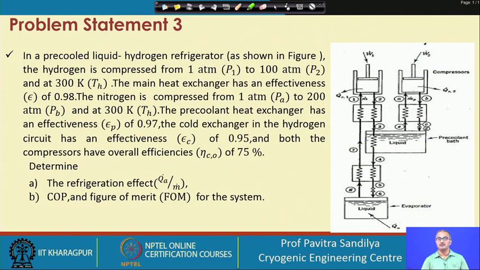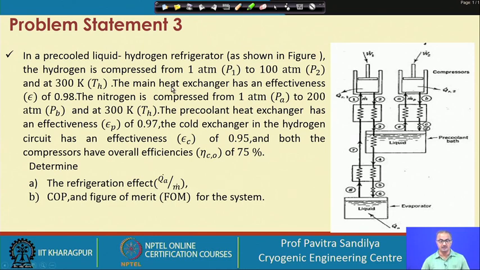Now we come to the next part. In the next part, we have the pre-cooled liquid hydrogen refrigerator, and here we have been given the inlet pressure as 1 atmosphere, the outlet pressure at the compressor to be 100 atmosphere at 300 K, and we are assuming that the compressor is isothermal.